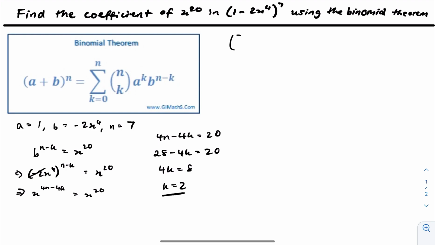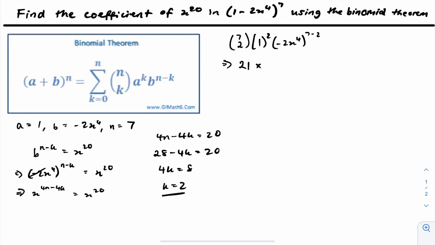So we get 7 choose 2 times 1 to the power of 2, since a is 1, times b to the power of n minus k, which is (negative 2x to the power of 4) to the power of 7 minus 2. If we evaluate, 7 choose 2 is 21.